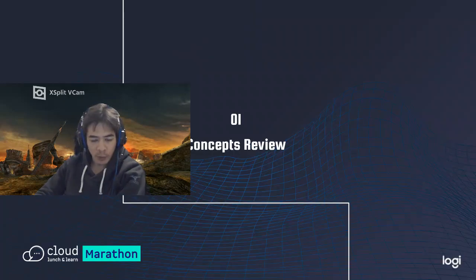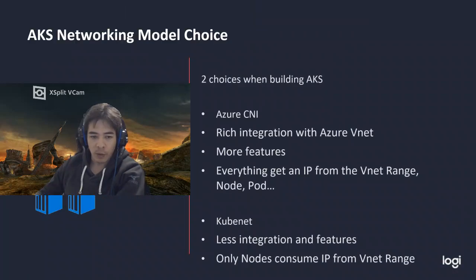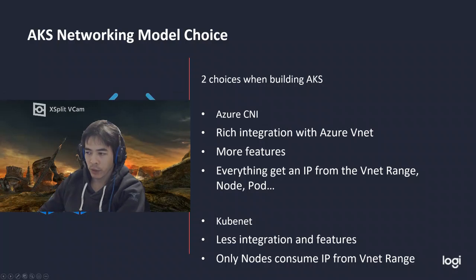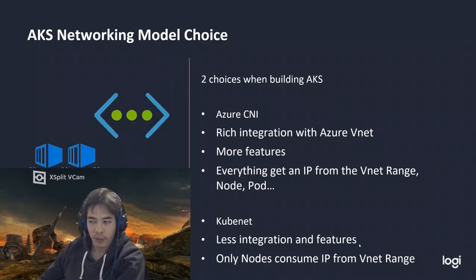So, the concept review first. When talking about Kubernetes, you probably know that we have two choices for the networking configuration. First, Azure CNI, CNI standing for Container Network Interface.